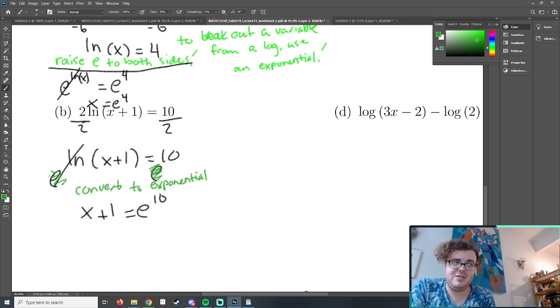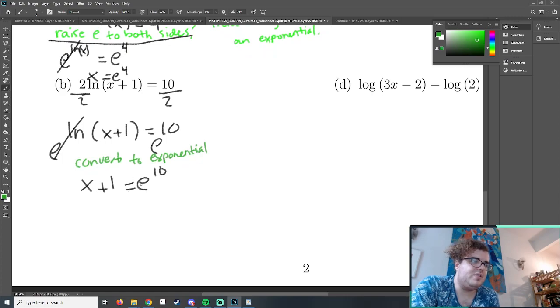The base to the power equals the argument. And so raising e to both sides is the same thing as converting between logarithm and exponential form. And again, we're only using e to raise to both sides because the problem includes ln. If the problem was like log base 5, we would raise 5 to both sides to cancel it out. So if you're confused by that, you can just think about converting to exponential form, and that will always work.